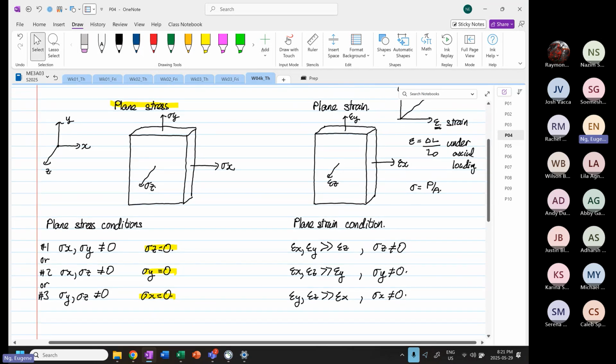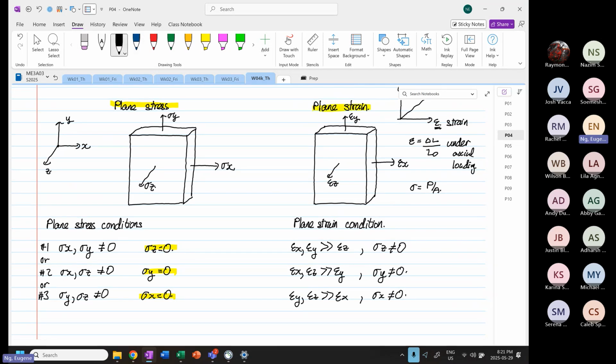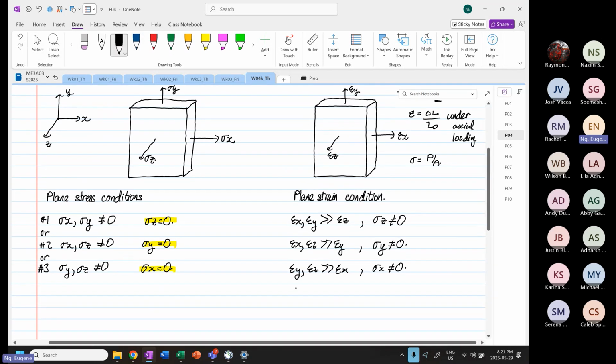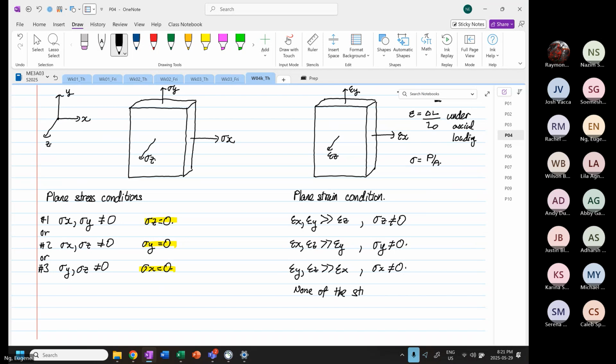Okay, so in plane strain condition, none of the stress states is equal to 0. So that is the difference when we come across plane stress and plane strain. Okay.